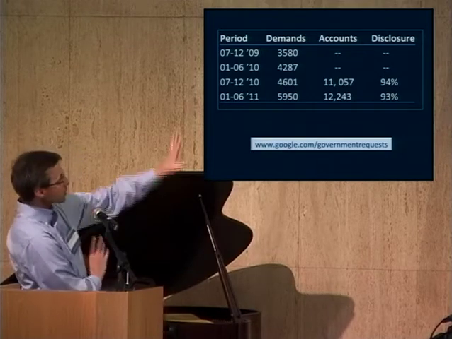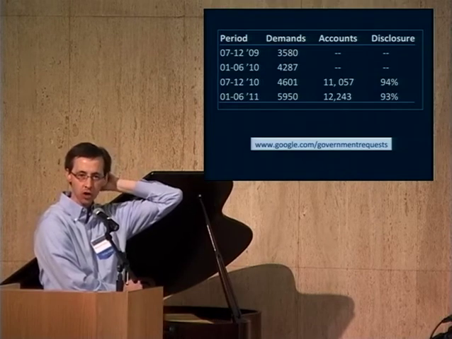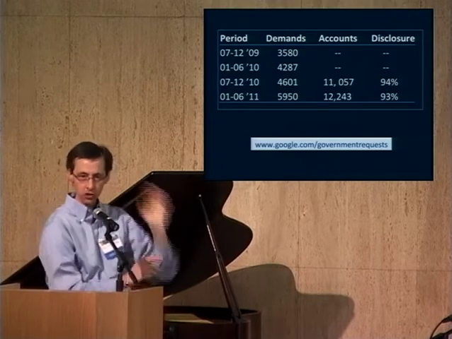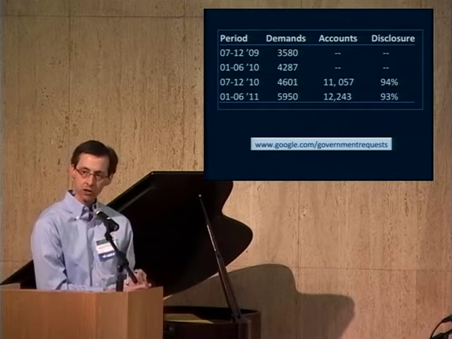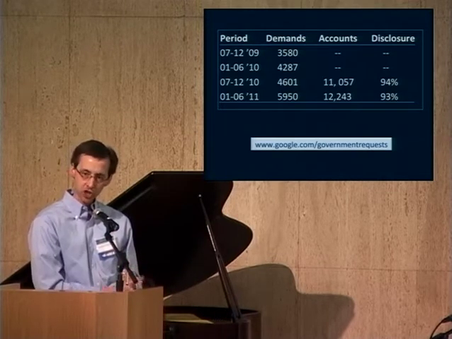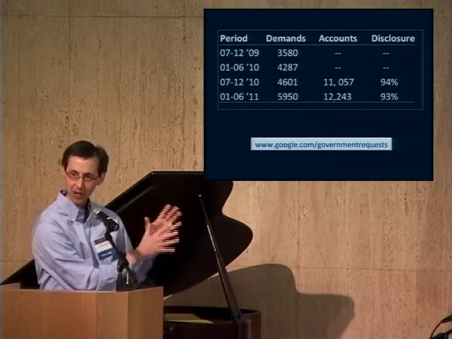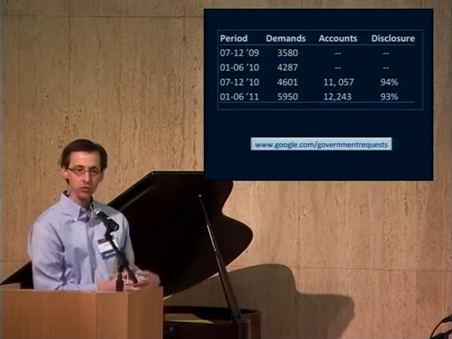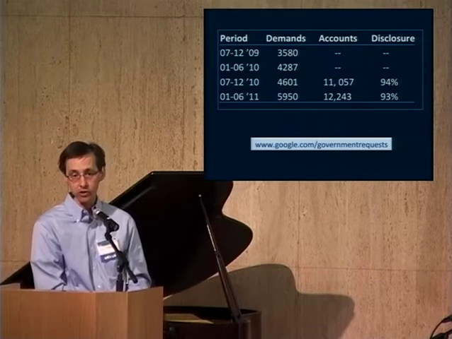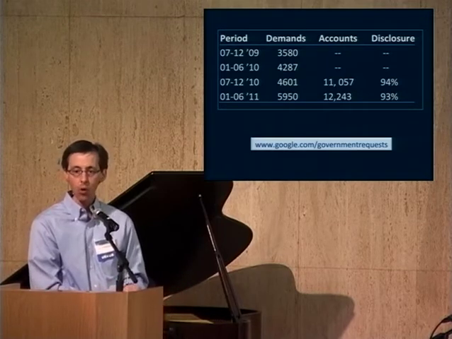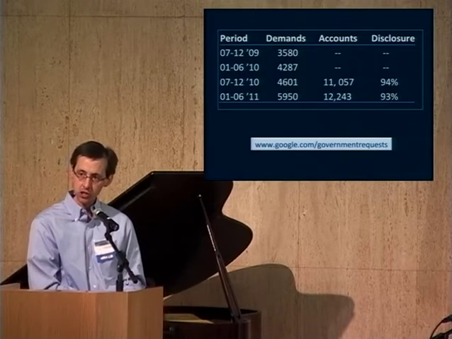So part of this is to shed some light on this. We're looking at ways of breaking the data down to be more granular. We have two issues when it comes to granularity. One is that if we get too granular, we start losing the aggregation aspect of the data, and it starts to reveal information that could be bad for the users, or it could be so granular that it starts exposing law enforcement investigations themselves.